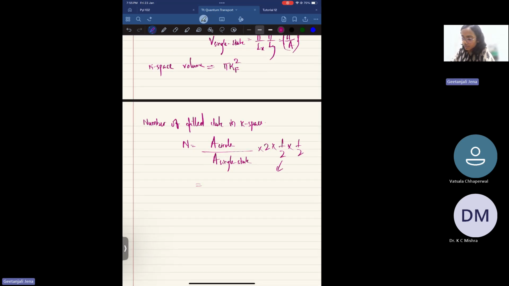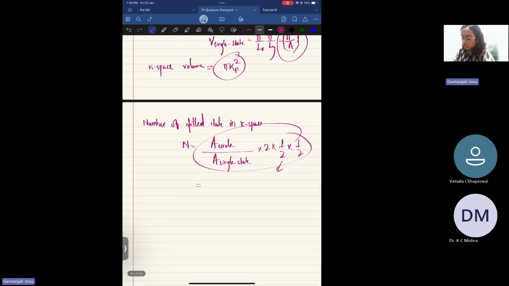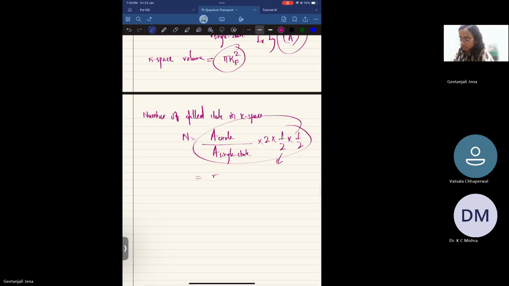If you simplify it, you will get pi k square over the area, this is half.